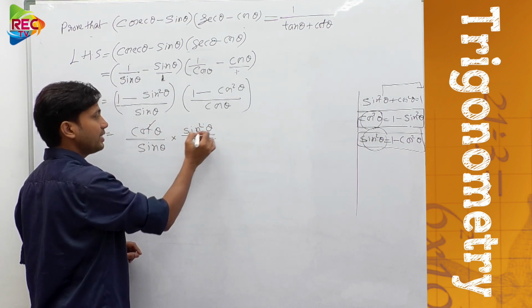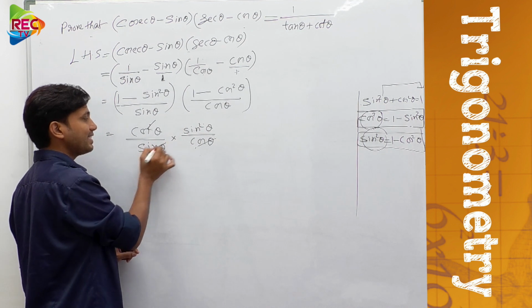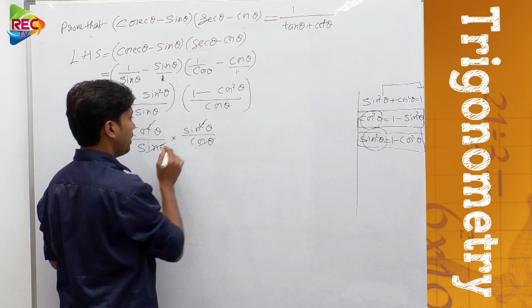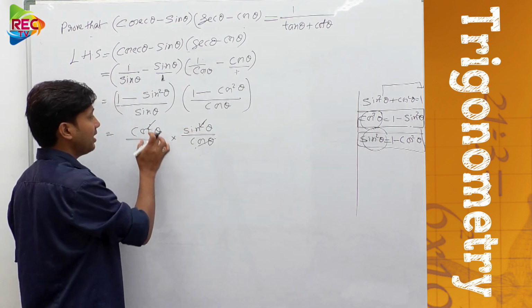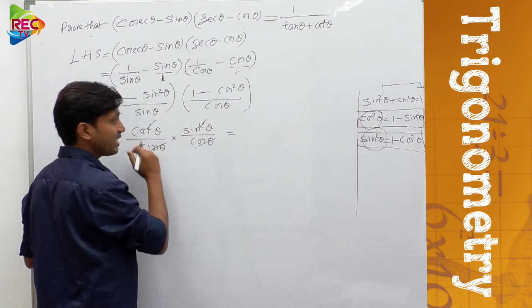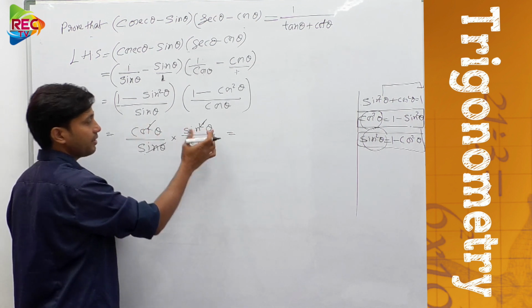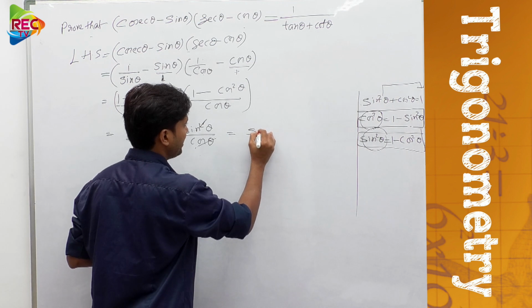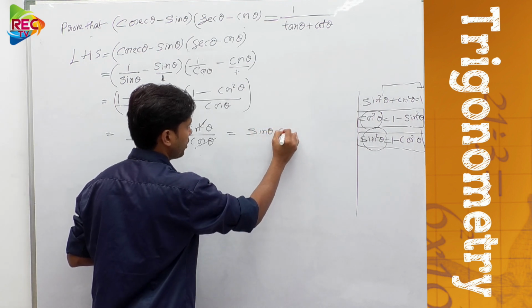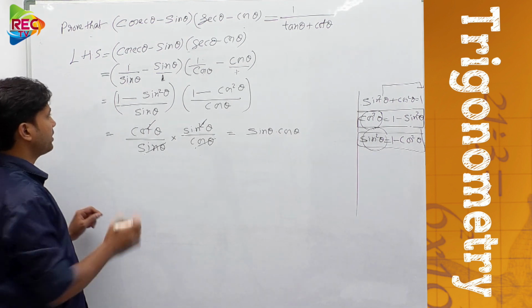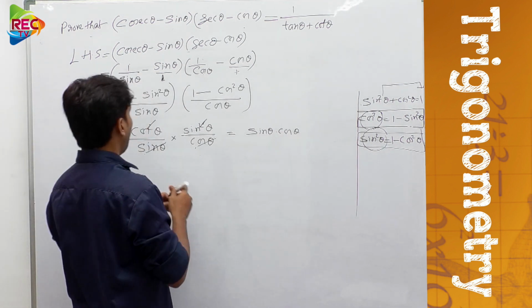Here sin square theta is in the numerator and sin theta is in the denominator, so we cancel one sin theta. Cos theta is left over here and sin theta is left over here. As a result we are getting sin theta into cos theta, by 1. So this is the value of LHS.